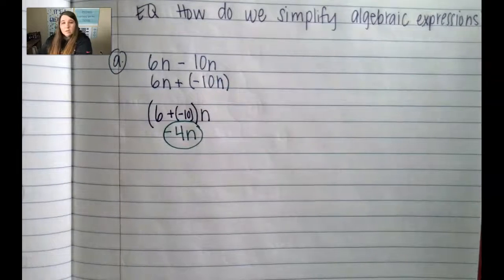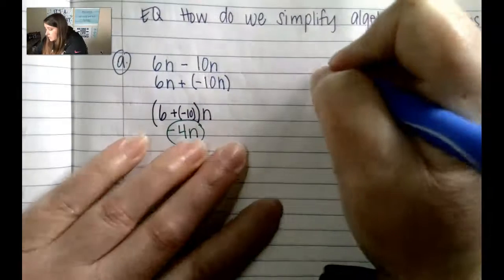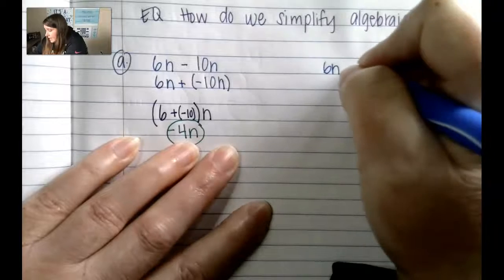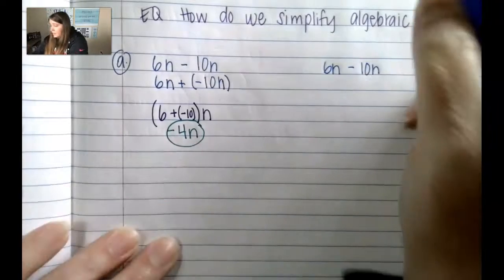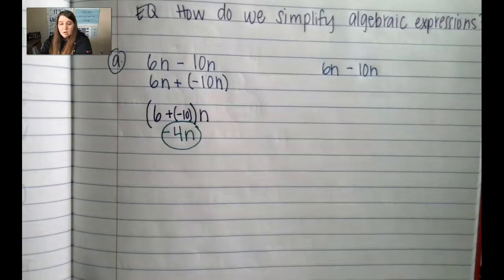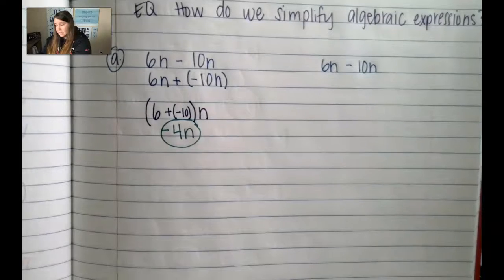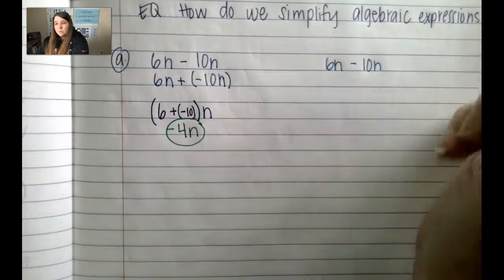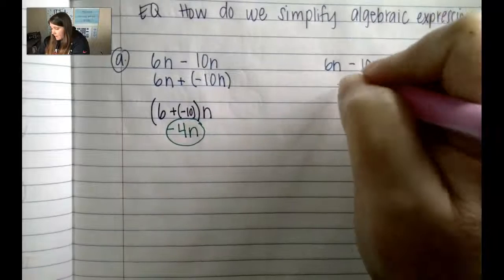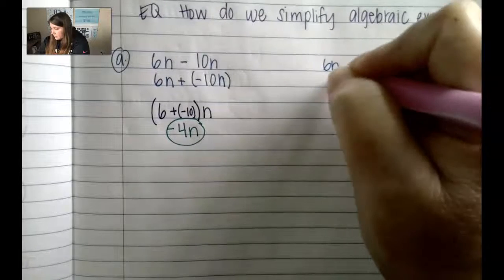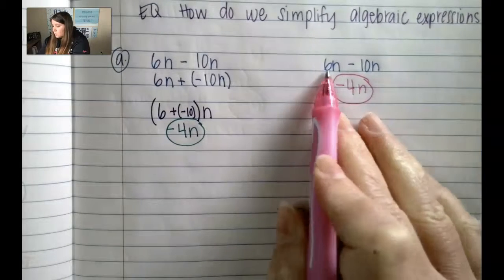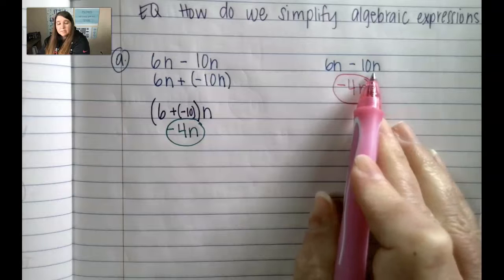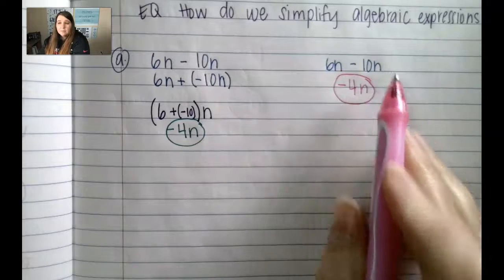Another way that you can look at this problem is to think about it as 6n minus 10n and just solve by subtracting the n's. So if I have 6 n's and I remove 10 n's, I then have negative 4 n's left over. This works because they're both the same type of n.